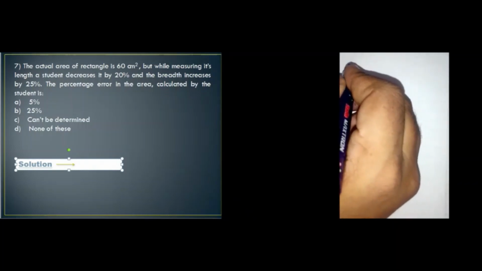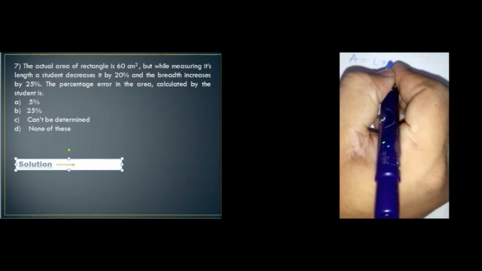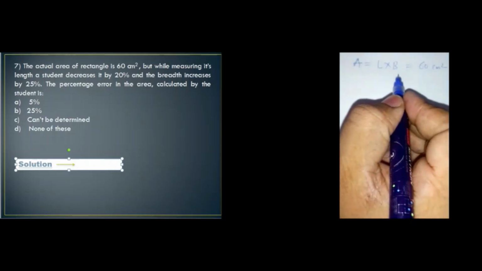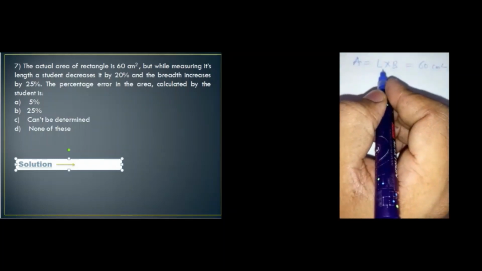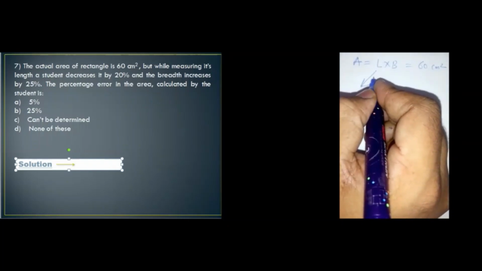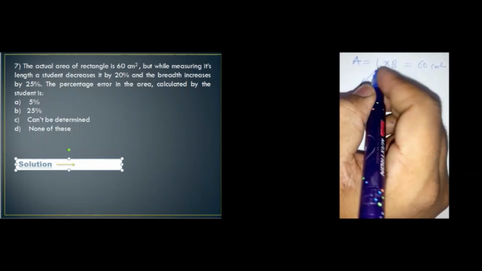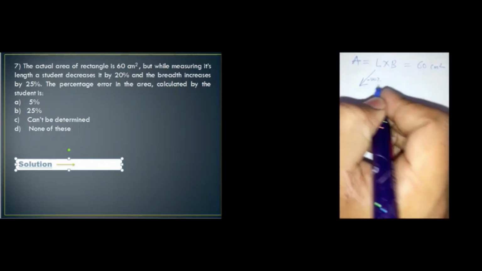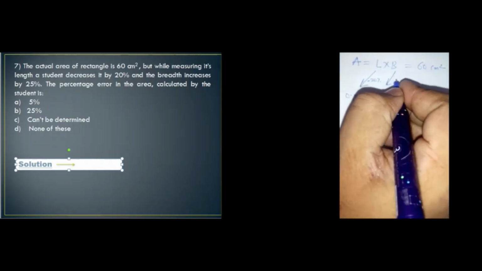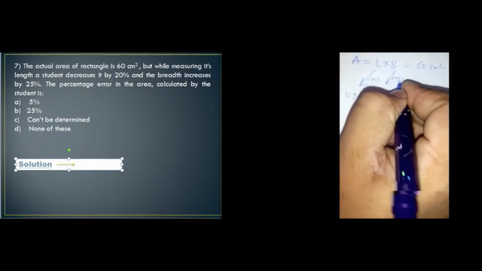The area of a rectangle can be calculated as length into breadth, which has been given as 60 centimeter square. Now by mistake the length has been decreased by 20%, so it will become 0.8 L, and the breadth has been read as 25% more.